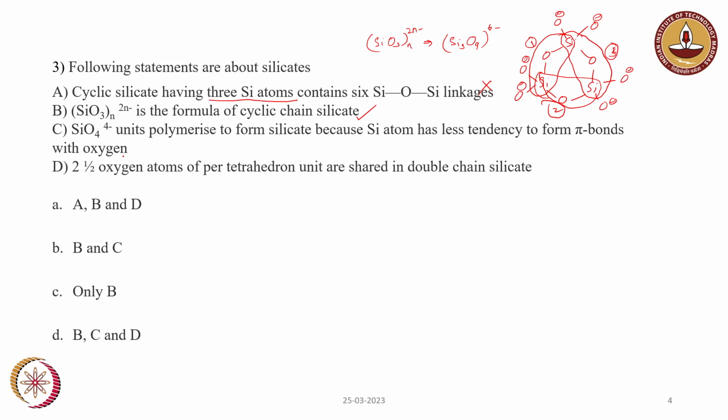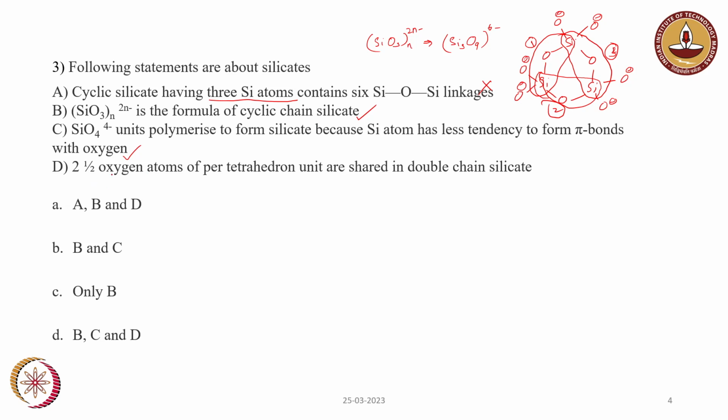So the statement is again true because silicon is in the third period while oxygen is in the second period. So the atomic orbital energies are different. So the formation of pi bond will be less possible between silicon and oxygen.